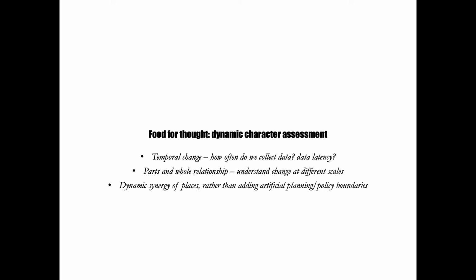How can we think about the parts and whole relationship, both on how the street relates to the neighborhood, but also how the neighborhood relates to the city, and understand change at different scales, and also think about the dynamic synergy of places? So rather than adding artificial boundaries in terms of policy making, what can we do in order to understand how streets behave, both as local connectors, but also within their wider setting?